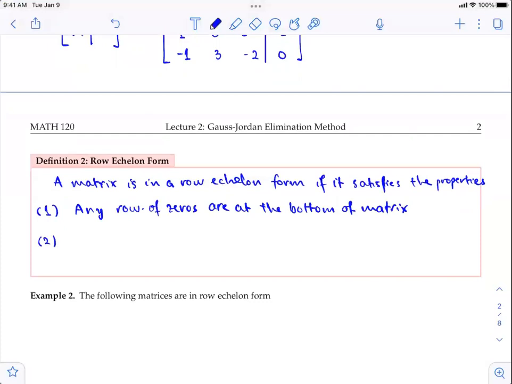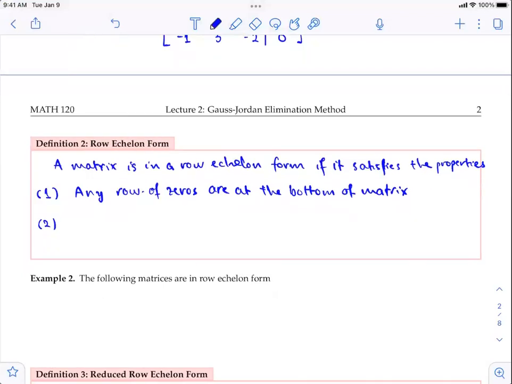And the second property is that the leading entry in any row occurs on the right of any leading entry above that. We're going to see an example right after this, but just let me write the definitions down first.